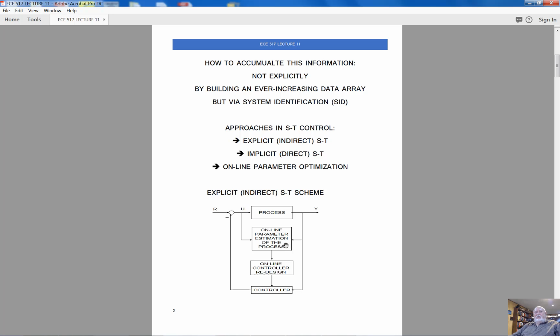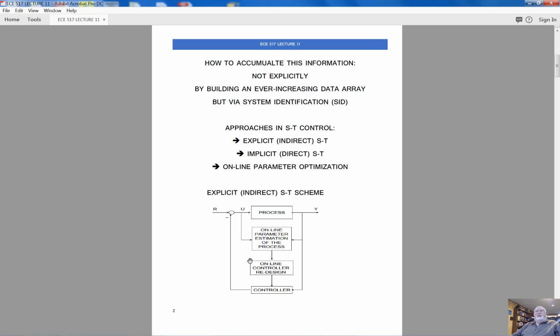And as we update parameters of the model, let's say the transfer function of the plant, or matrix A, matrix B, matrix C of the controlled plant, we're getting improved information. And we use this improved information to redesign the system controller.